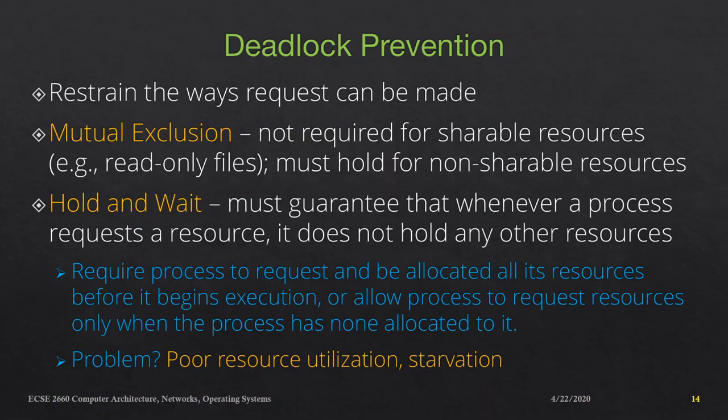We will give it R2, R3, it will use them, release them. Then we can give it R4. So it is happening one at a time. So we are making sure that the process can request only when it has none allocated to it.